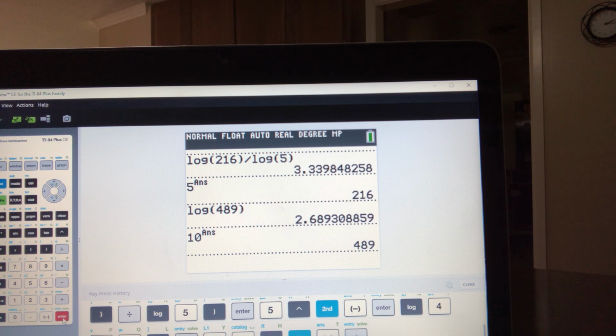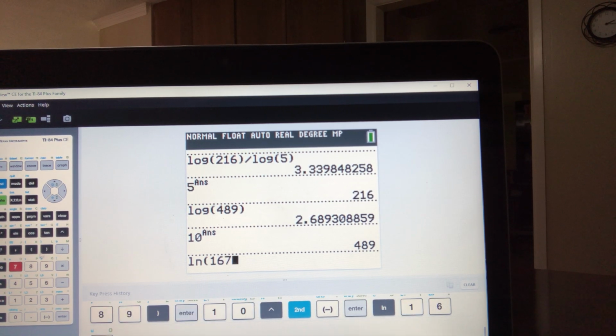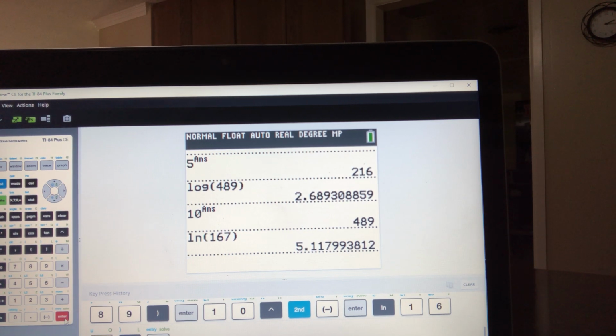And lastly, the natural log is right beside number 4. It's ln. That's not an I, that's an L. So it's natural log of, our number is 167. That's all you do, press that, and you get this answer. Rounded would be 5.1188 in the thousandths place.